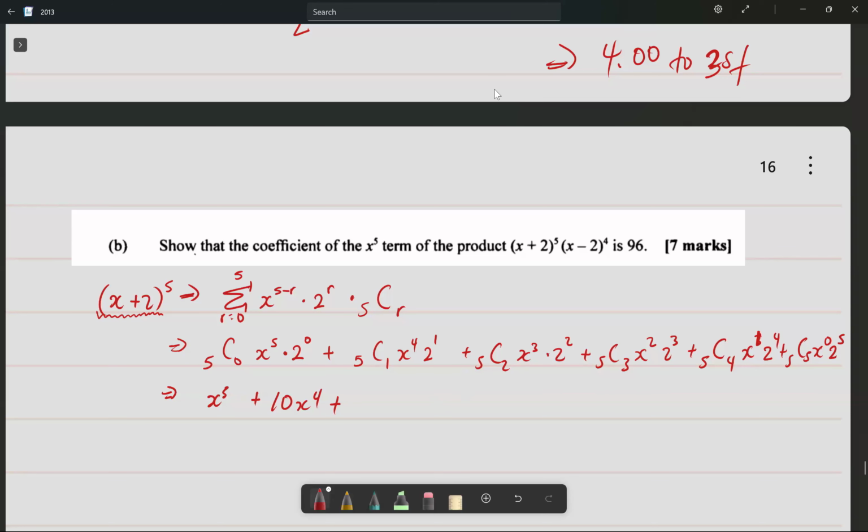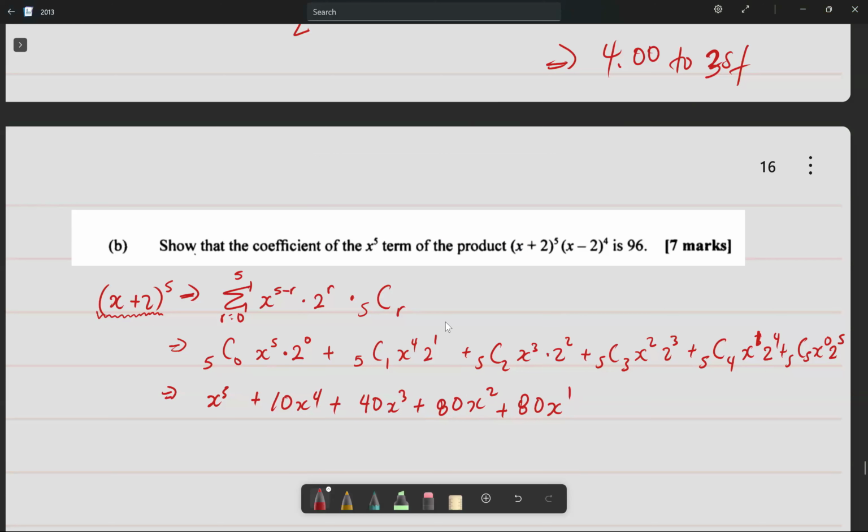Okay. So that's now 40 x cubed, 80 x squared, 80 x.